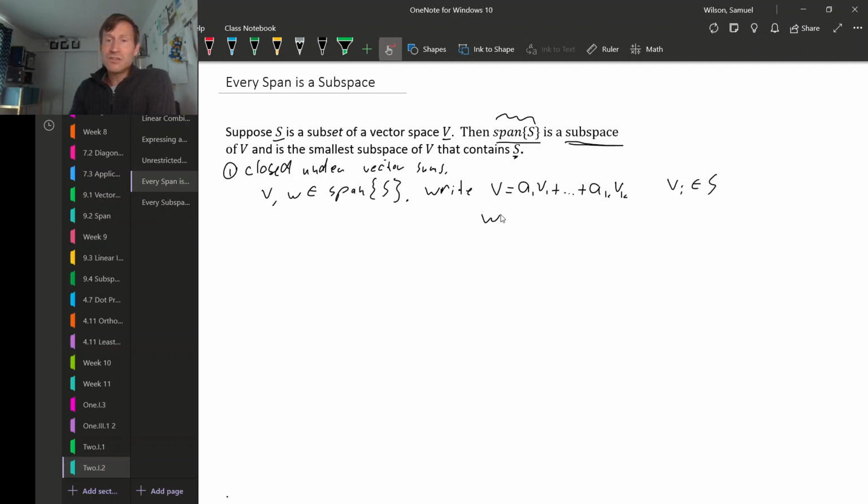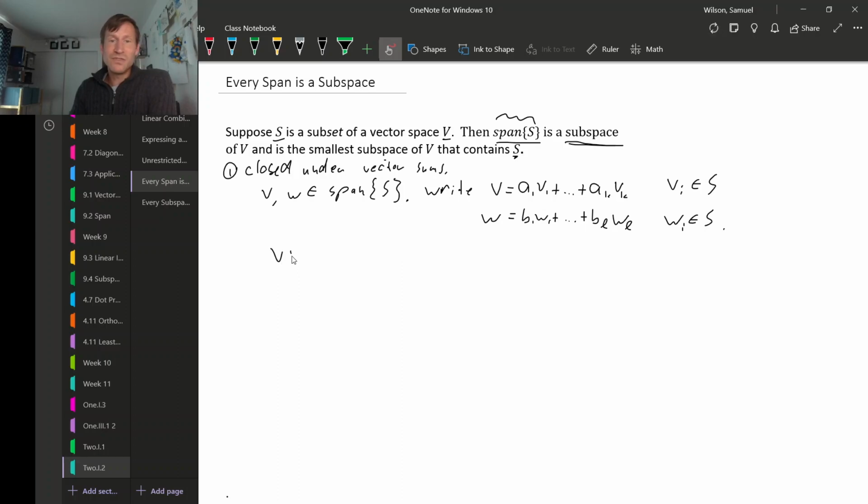And then also we can do the same thing for W. So say W is B1W1 plus dot dot dot plus BLWL. We might not have the same number of V's as W's, so let's say L. And all of these W's are in S. Okay, so what is the sum of V and W?